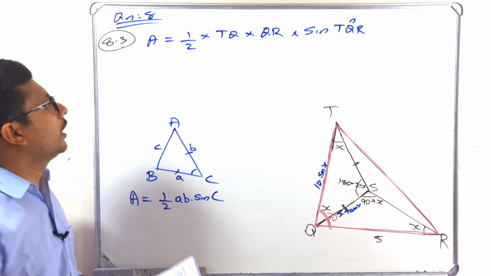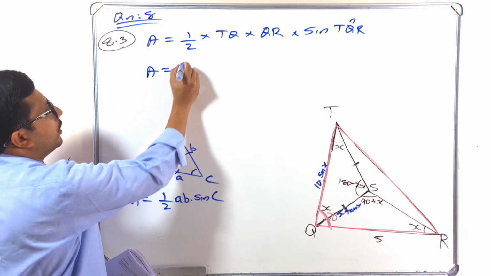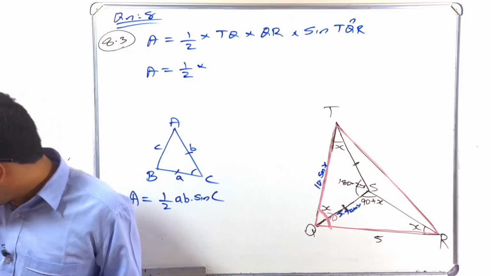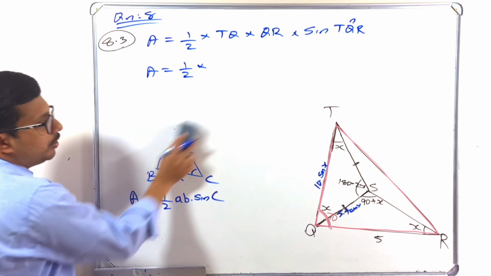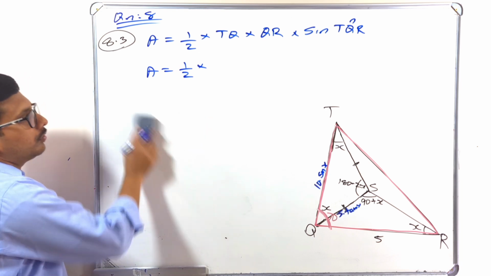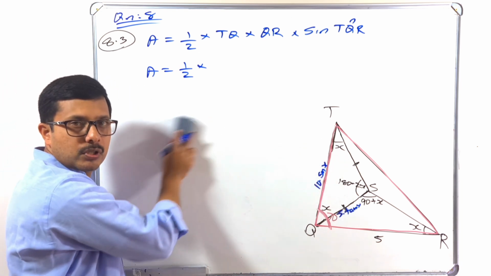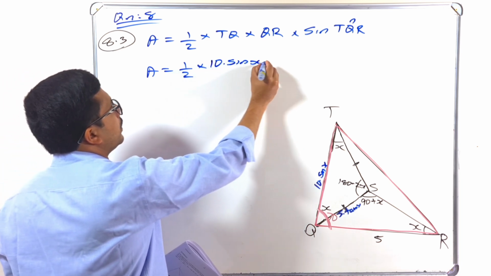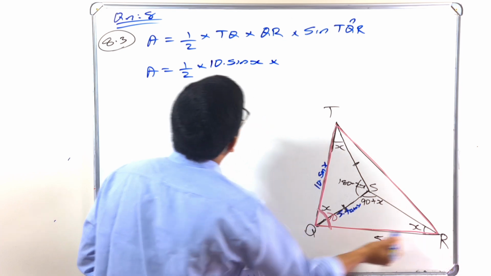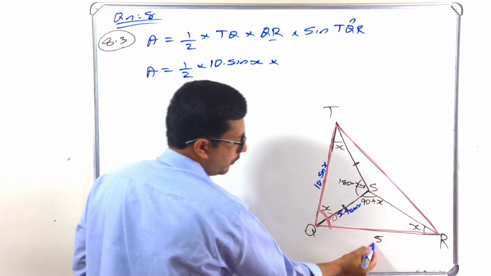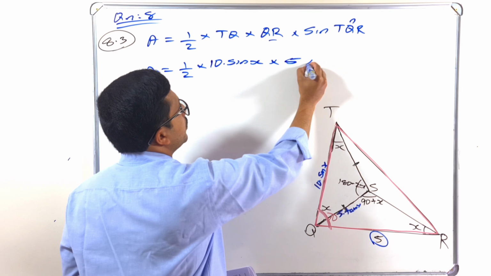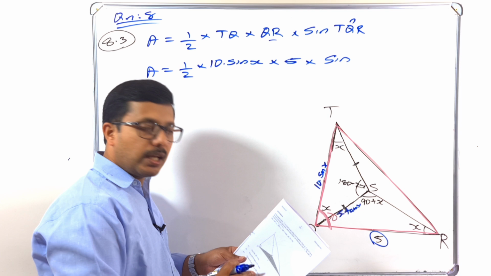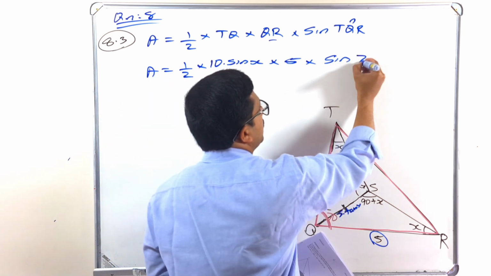So area A is equal to half into TQ. We already proved that TQ is 10 sin x. That is the previous question, 8.2. So that is 10 sin x times QR. QR is given as 5. So times 5 times sine of TQR, which is given as 70 degrees.